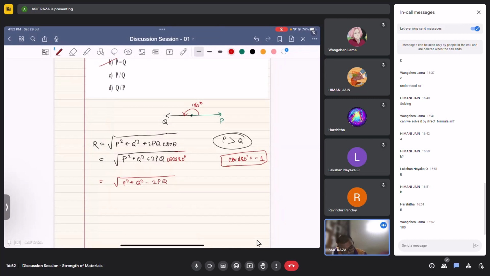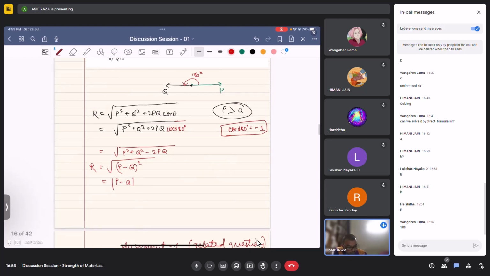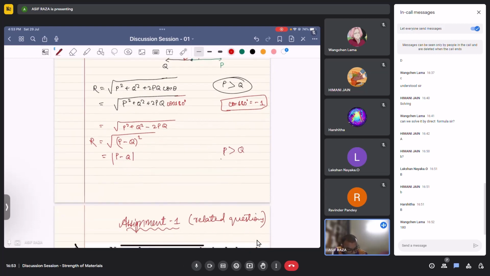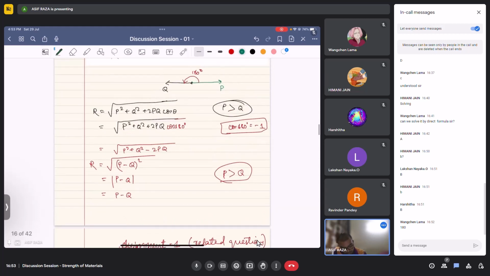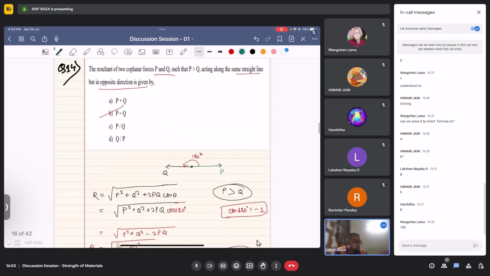And you know the formula pertaining to this is equal to P minus Q whole square, root R. It could be Q minus P whole square also, right? Or I can say mod of P minus Q. But since we know P is already greater than Q, we can directly write it's P minus Q. The answer is P minus Q.